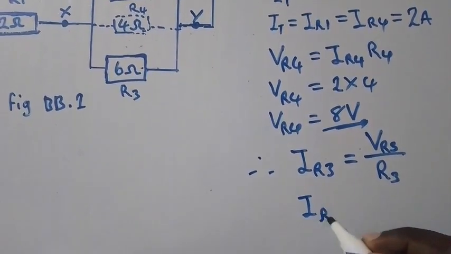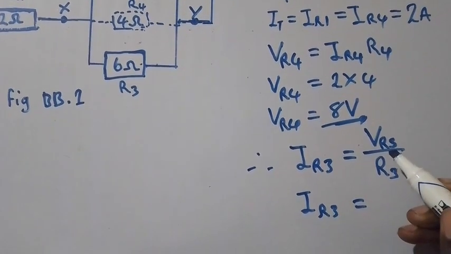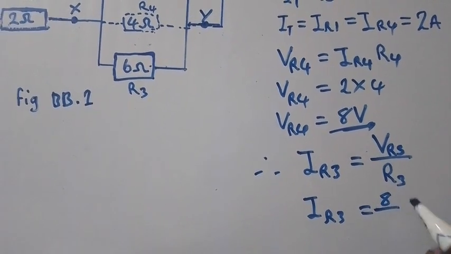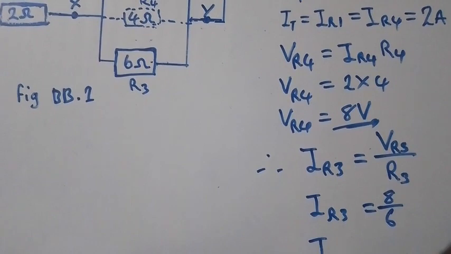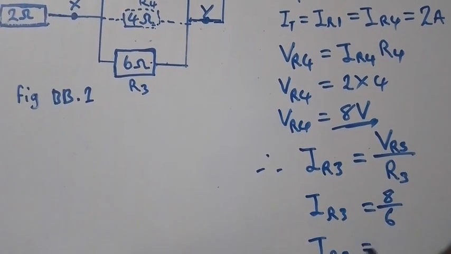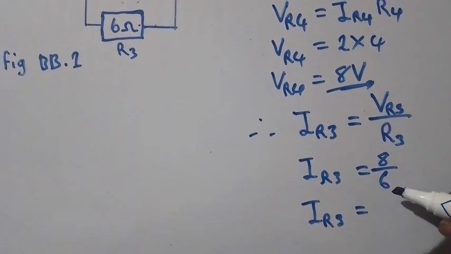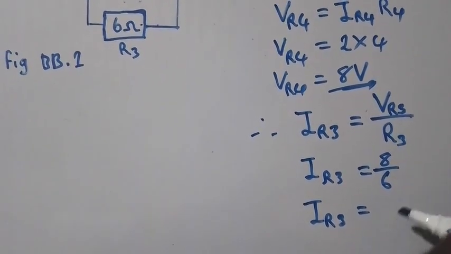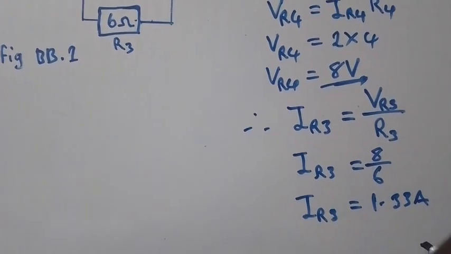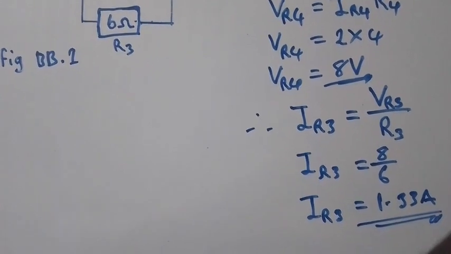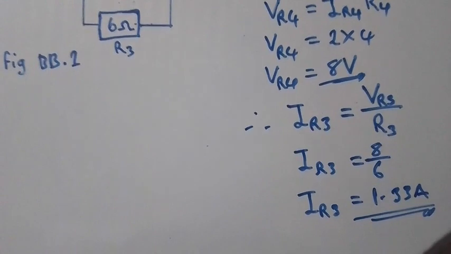So IR3 will be equal to 8 over 6. If we divide the two, 6 into 8, we are having 1.33 amps. So that's the current that is passing through resistor 3, which is the 6 ohm resistor.